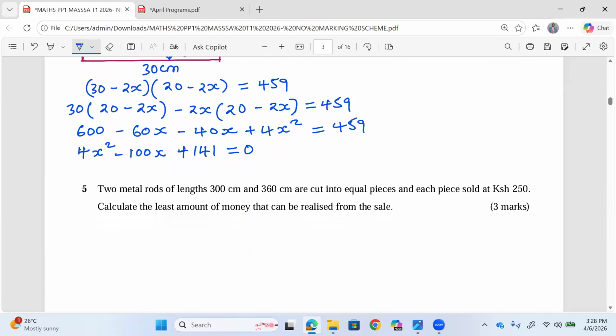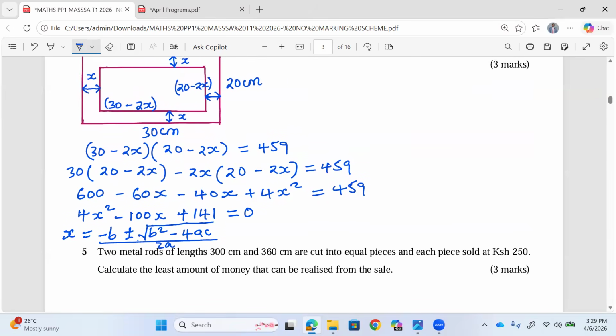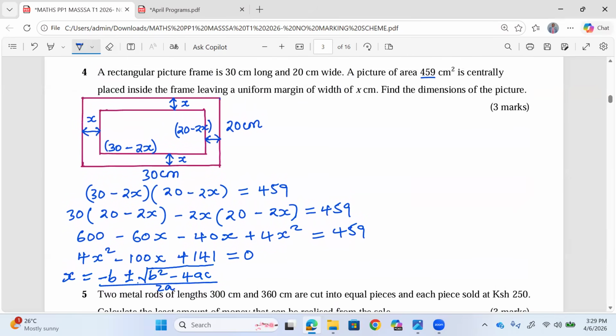The formula says that the value of x is given by negative b, plus or minus the square root of b squared minus 4ac, then everything over 2a. So we can proceed to use this formula.